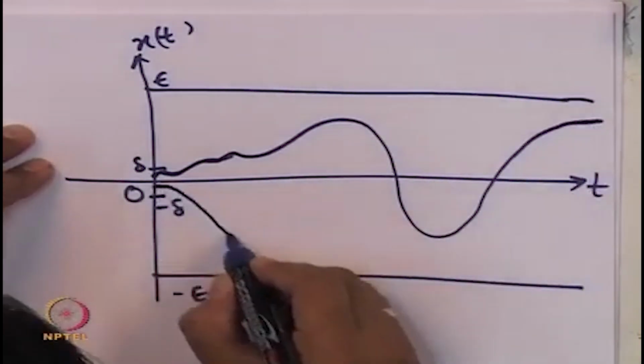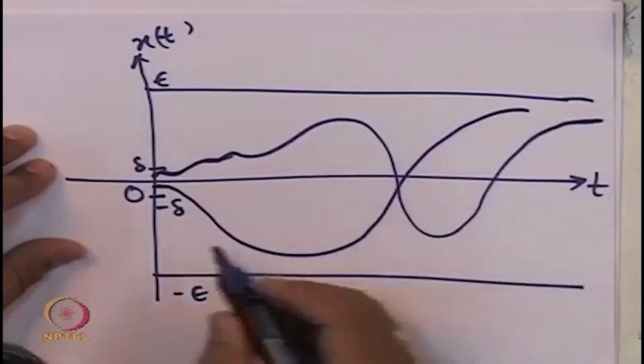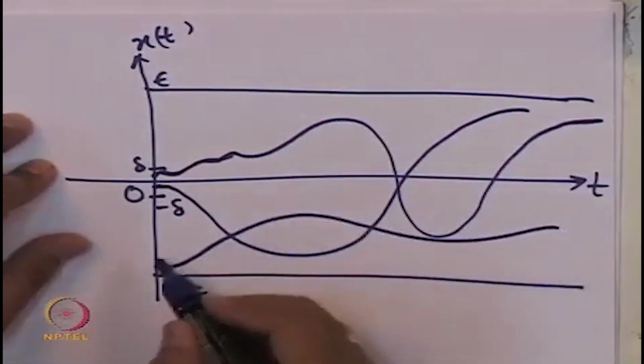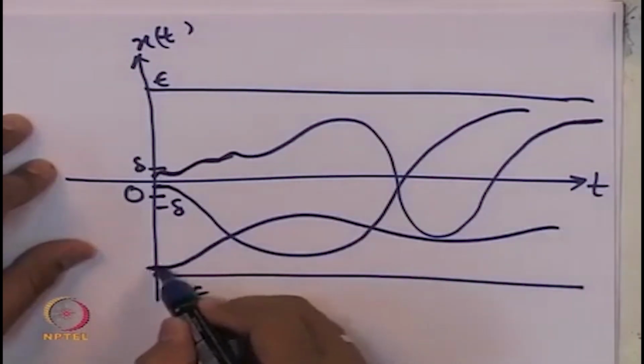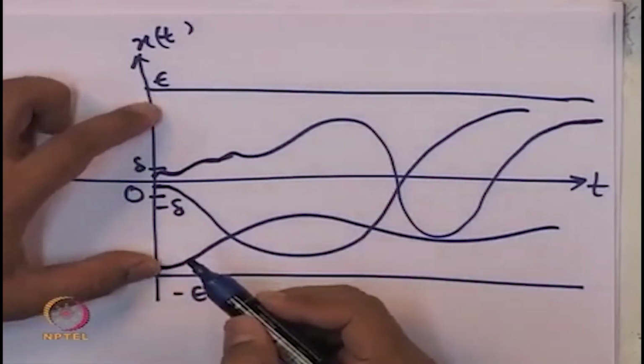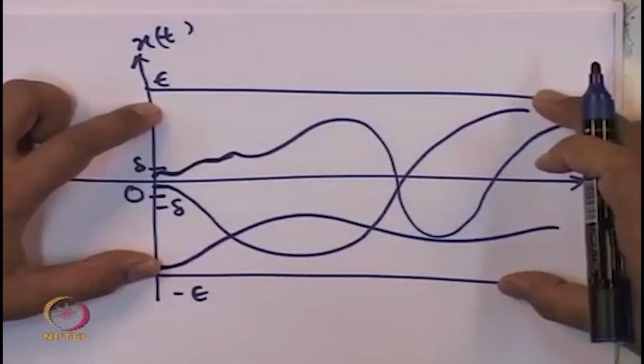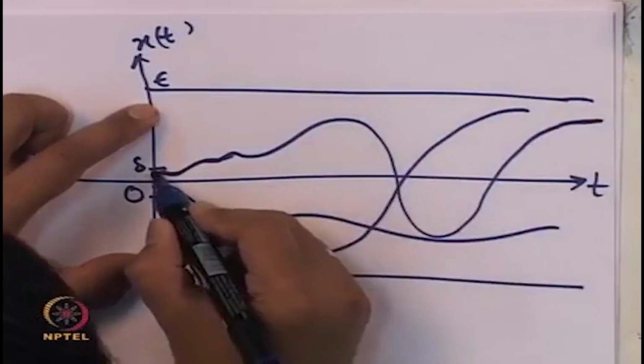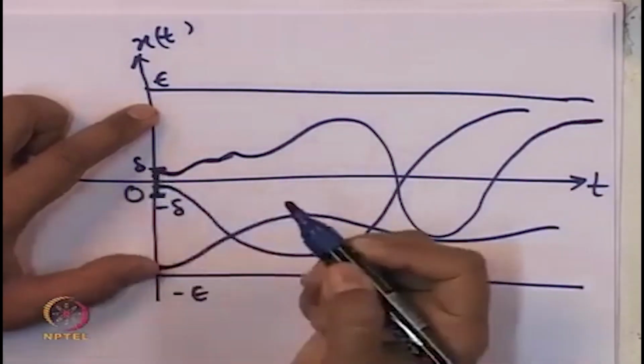Another solution here also remains inside this epsilon ball. Of course, this solution might also remain inside this epsilon ball, but it is possible that every solution inside with this much distance does not remain inside this epsilon ball. To ensure that it remains inside this epsilon ball, we are forced to make this delta very small maybe.